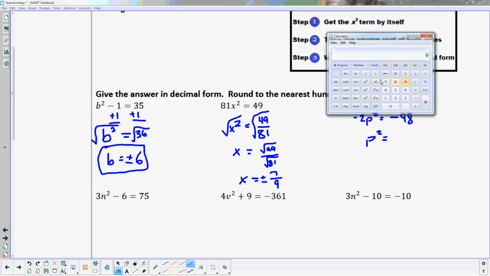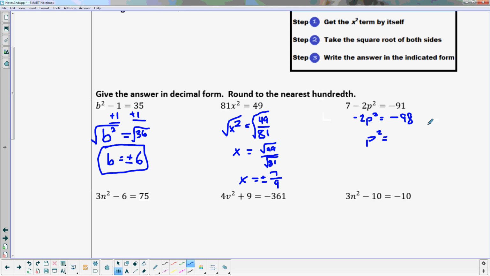So let's take negative 98 and divide it by negative 2. Hopefully you saw you get 49. So when I take the square root of both sides, that side we get p, and for 49, we've talked about it, we get 7.